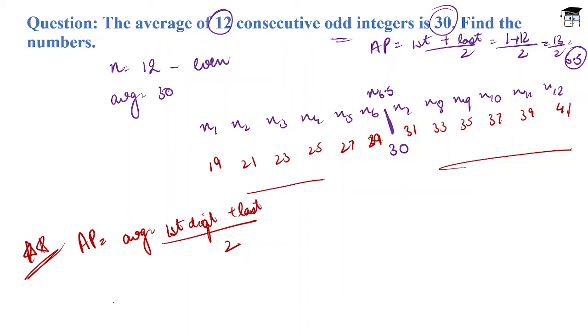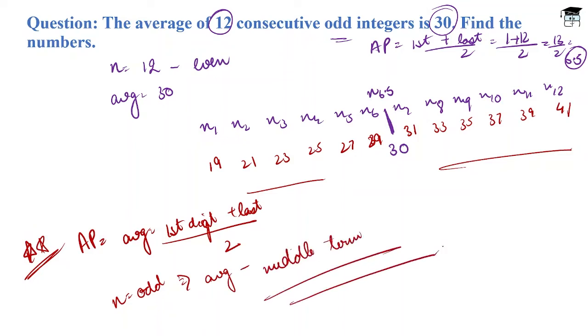If the n is odd, then the average is the middle term. I hope these basics are clear to you.